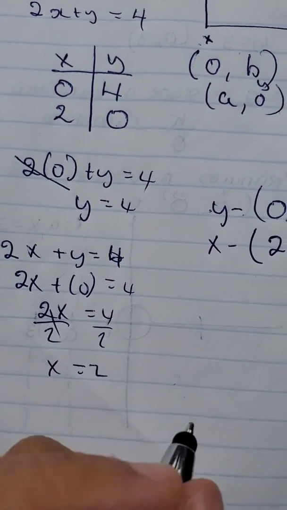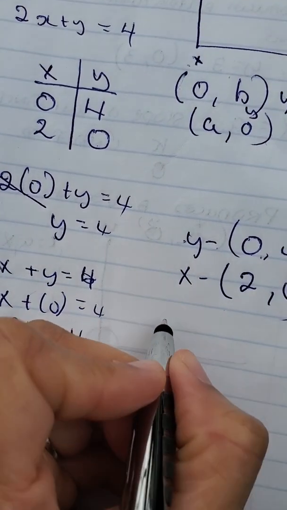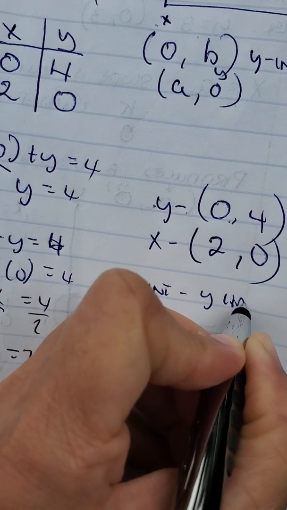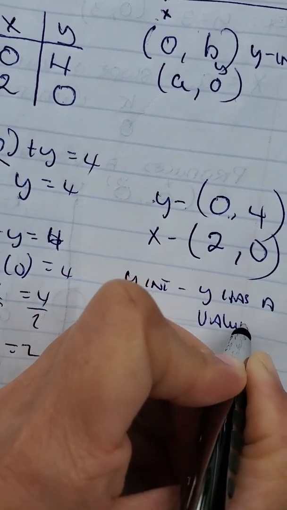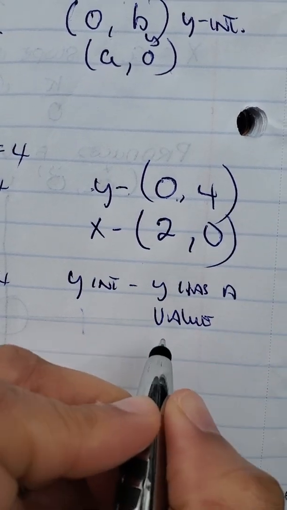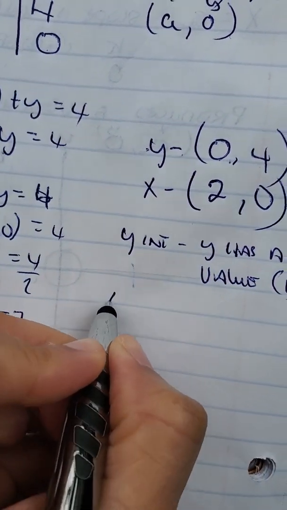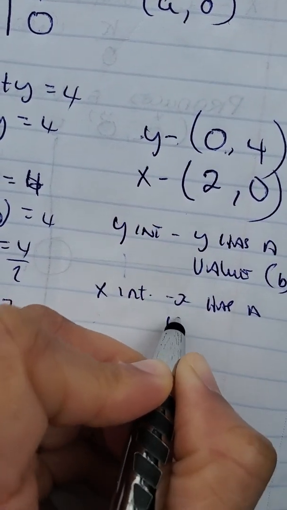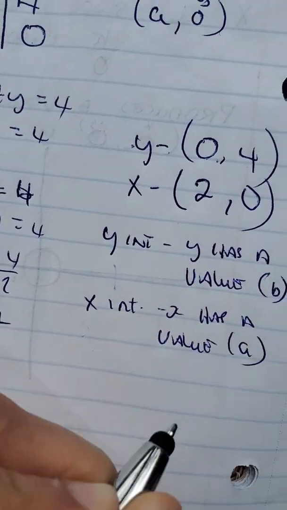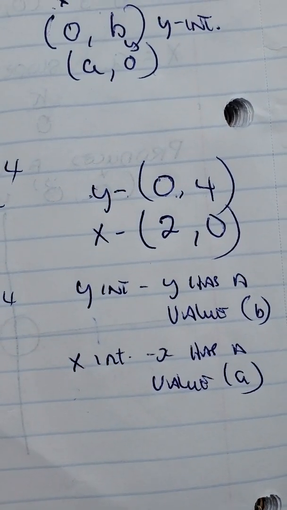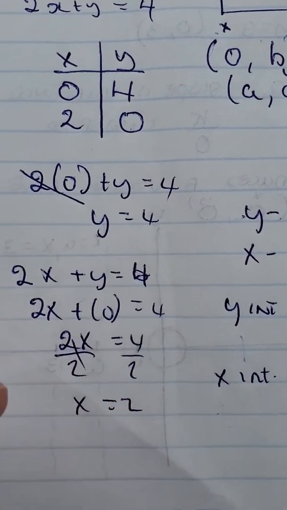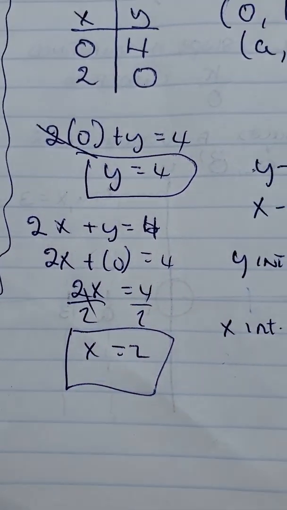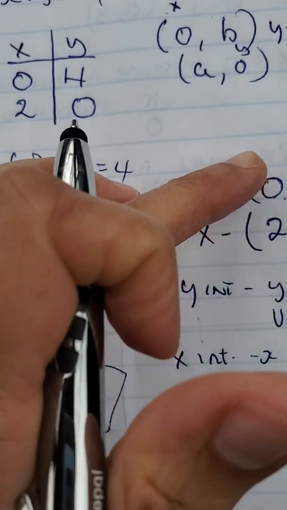So I want to give you a little note here: for the y-intercept, y has a value, a constant b, and for the x-intercept, x has a value, some constant a. So when you're finding the x and y intercepts, you're going to find y equals something for the y-intercept and x equals something for the x-intercept. And just know that the missing coordinate will be 0.